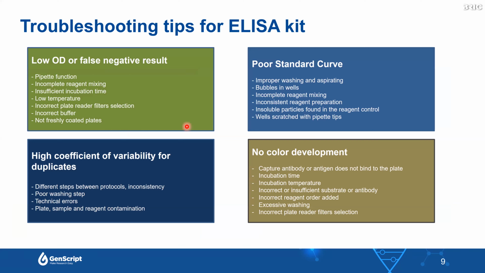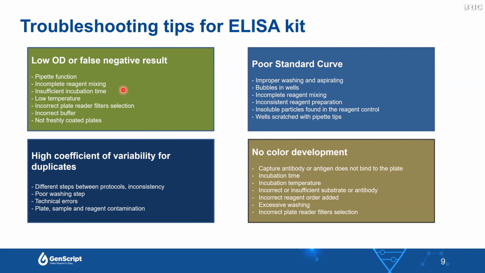While running the ELISA, there are several steps where potential problems can occur and affect the outcome. The most commonly seen problems are listed here with possible solutions. When a low OD or false negative result is detected in an ELISA test, there are some possible reasons.